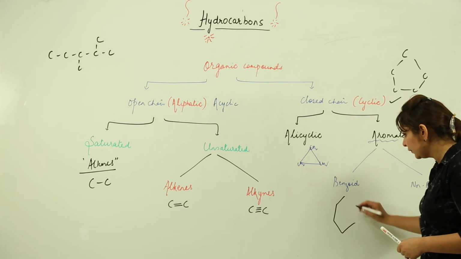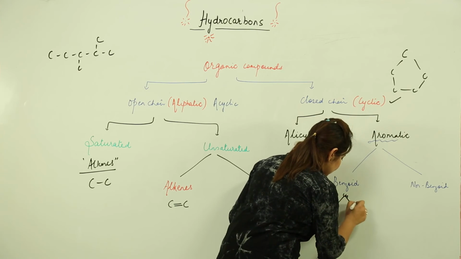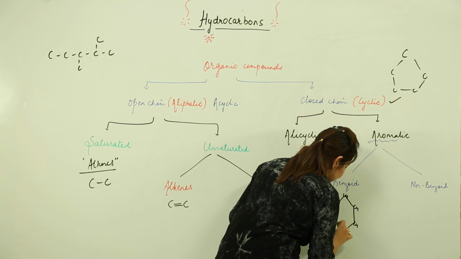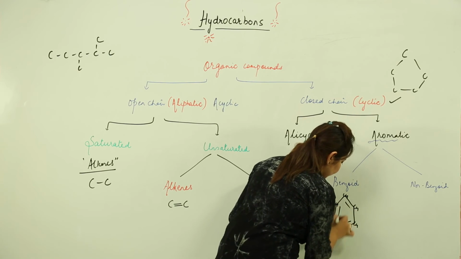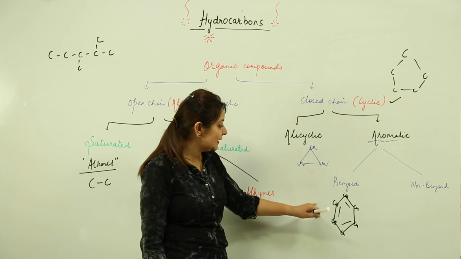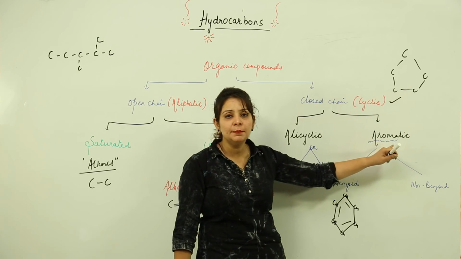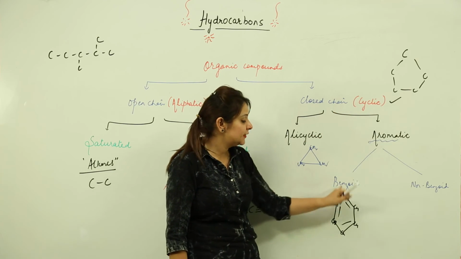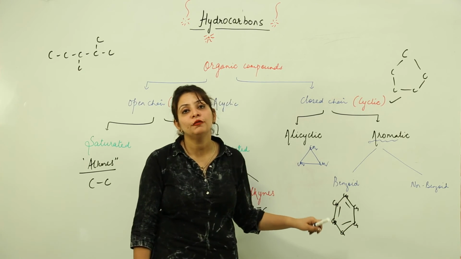It is a ring of 6 carbons connected to each other with 3 alternate double bonds. This is a benzoid. Any compound which carries this kind of ring is an aromatic compound, and a cyclic compound, because there is a closed ring, right? When you see this kind of ring, it belongs to the category of benzoid.